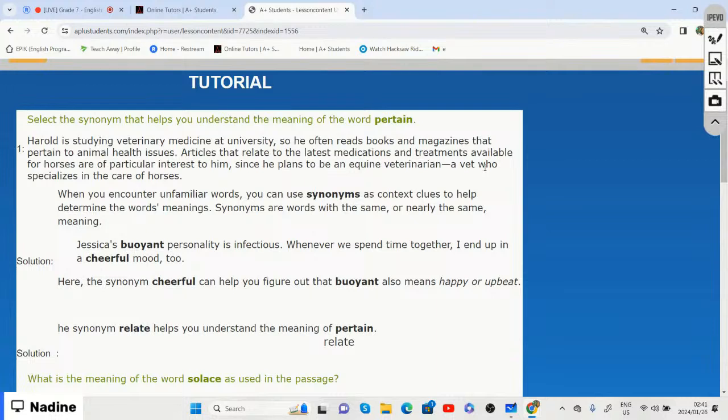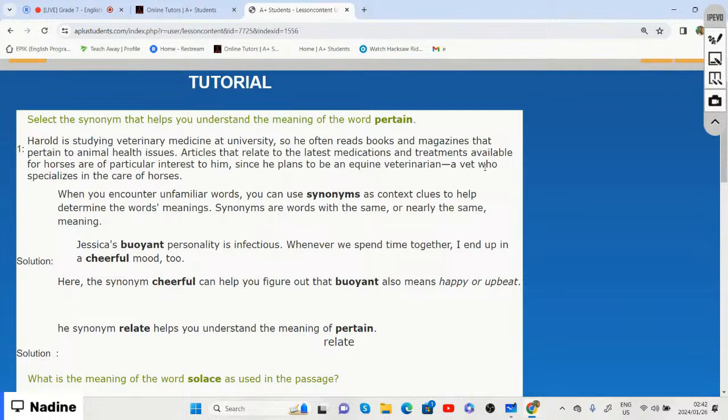Whenever we spend time together, I end up in a cheerful mood too. So, which means that if we look at the two words cheerful and buoyant, they are actually synonyms of one another. Because the synonym cheerful can help you figure out that buoyant also means to be happy or to be upbeat.